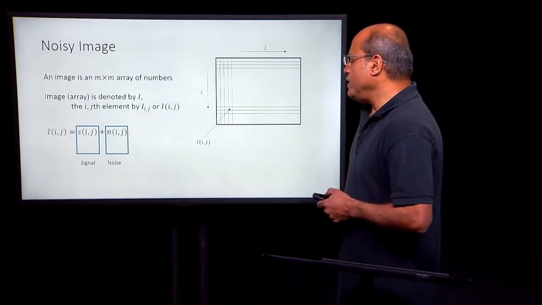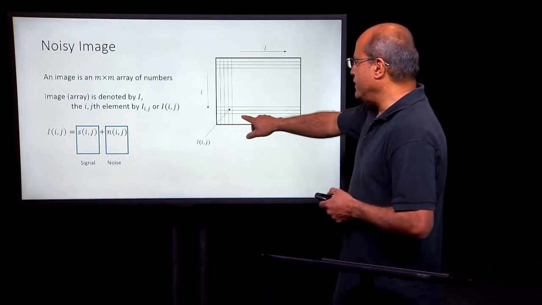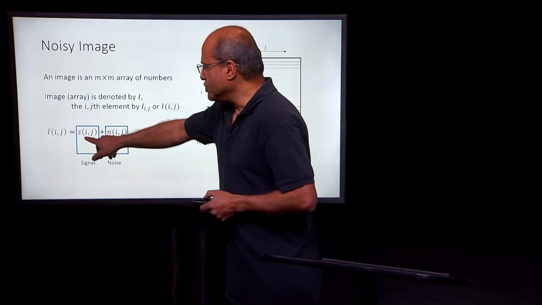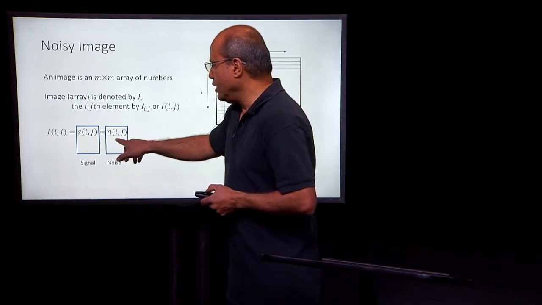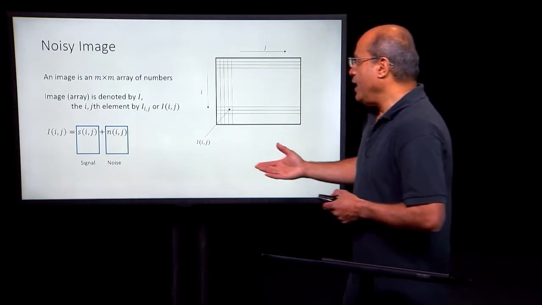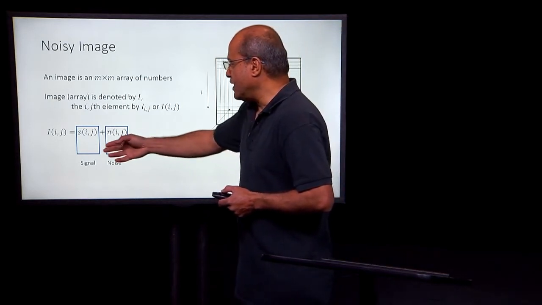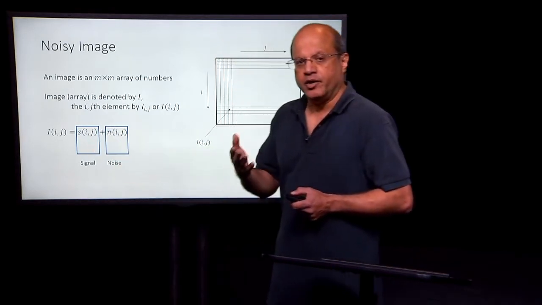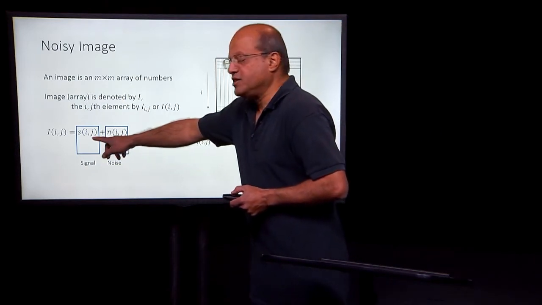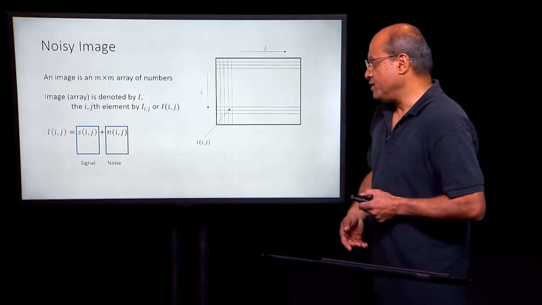A simple model for a noisy image is that the ijth pixel has a value which is the underlying signal plus some noise that corrupts that value of the signal. What we want to say is that the signal is a deterministic quantity, which means if you were to repeat the experiment, in principle, S stays the same, but N now changes from experiment to experiment.